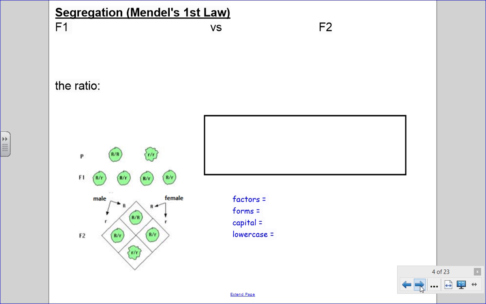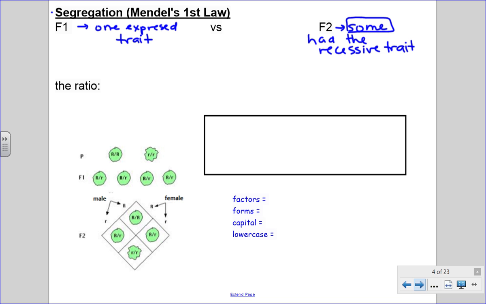So this brings us to a discussion of Mendel's first law, which is the law of segregation. Just to give us some lead up into this, in the F1 generation, we saw one expressed trait. So even though the parents had two different traits, we only saw one of them in the F1 generation. In the F2 generation, we saw that some had the recessive trait.